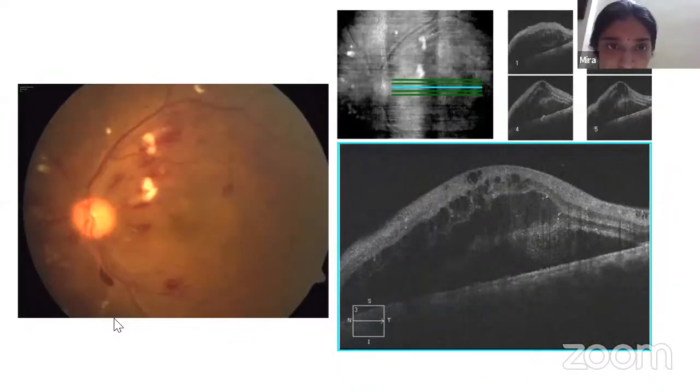Okay. So, this is a clinical picture of the left eye, showing altered foveal contour with massive intraretinal edema. And you can see there is disruption of the inner retinal layers, and the outer retinal layers are also not that much visible. There are multiple hyperreflective foci.